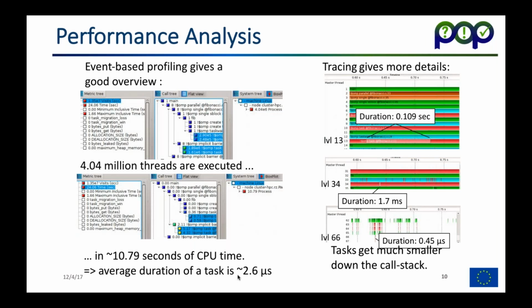If you would like more information, on the POP website, which was shown here in the section about training material, there is an overview of all these tools, with links where you can find the tools for download and further documentation. So if you would like to use them for tasking programs, this should work as well and should be documented there.